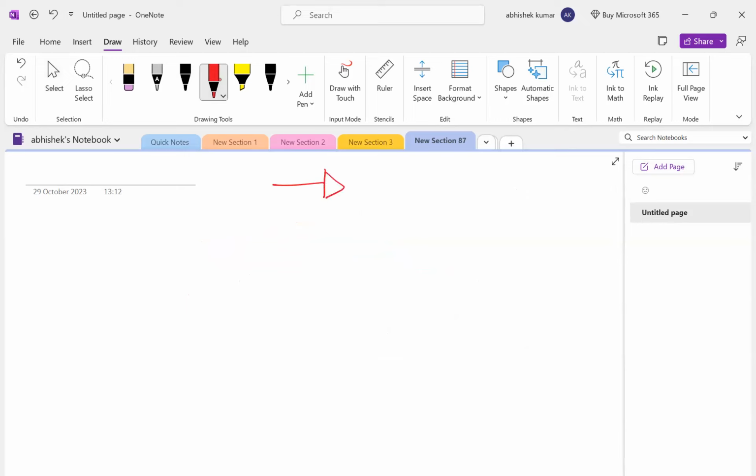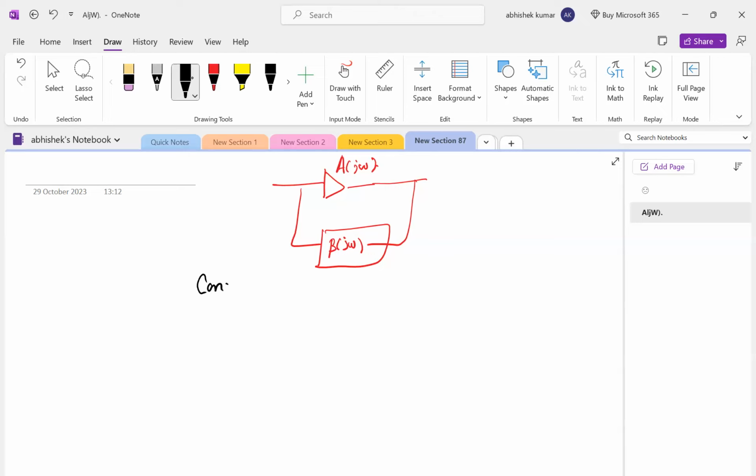Suppose we have an amplifier and here we have a feedback circuit. This is the amplifier of gain A(jω). The condition of oscillation is that the gain of this whole circuit should be 1.